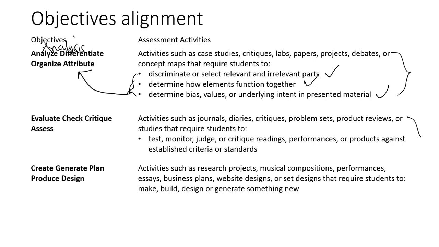If you want them to evaluate things, give them things like journals, diaries, critiques, problem sets, product reviews, or studies that require them to monitor, to judge, to critique. These are the kinds of activities that will align with the evaluation part of Bloom's taxonomy.